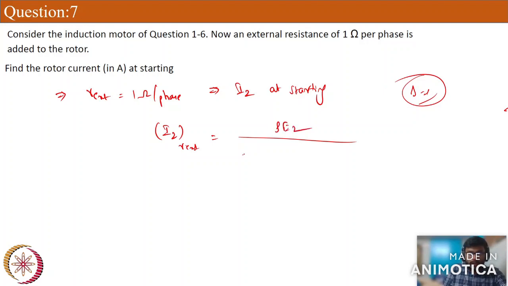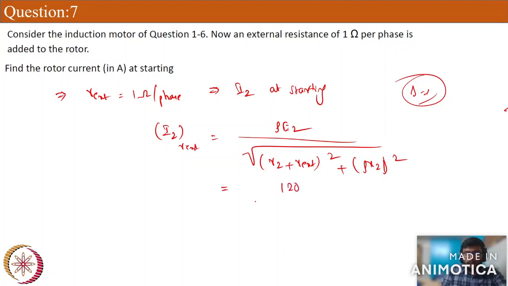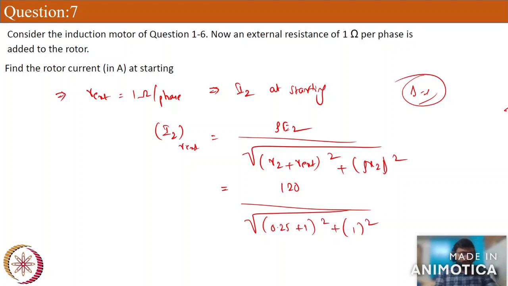Now the formula is S E2 divided by the square root of (R2 plus R external) square plus (S X2) whole square. This is the combined resistance, right? Anyway, S is 1. Now my E2 will be 120 divided by the square root of (0.25 plus 1) whole square plus (S is 1 and X2 is 1) square.